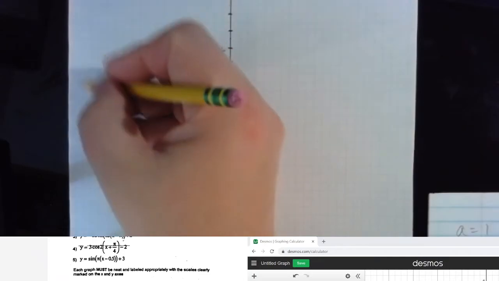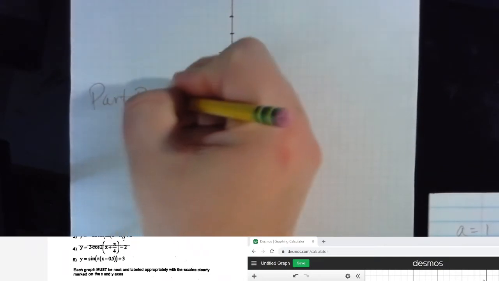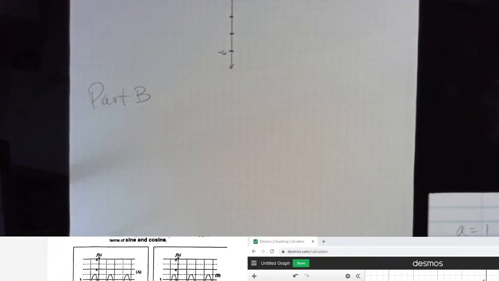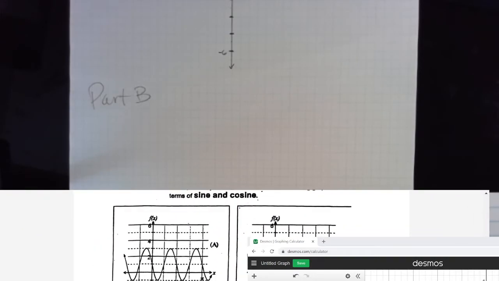For part B, it says, moving on to that one here, it wants a sine and a cosine for each one of these two graphs. So let me make that a little bigger. There we go.